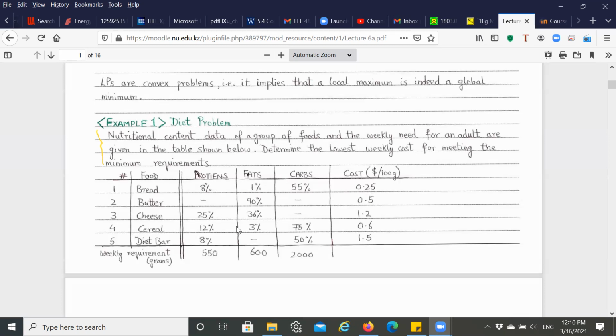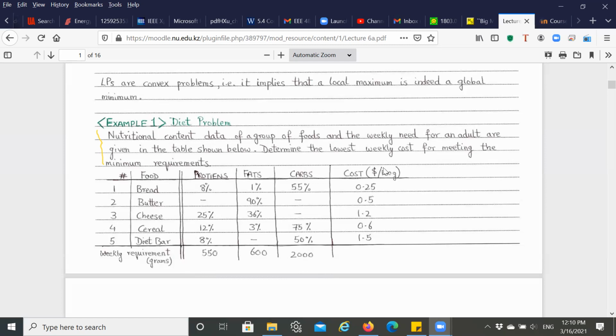And the minimum amount of grams that you need to have on a weekly basis is also given to you over here. So you need at least 550 grams of proteins, okay? You need 600 grams of fat and 2,000 grams of carbs, on a weekly basis.